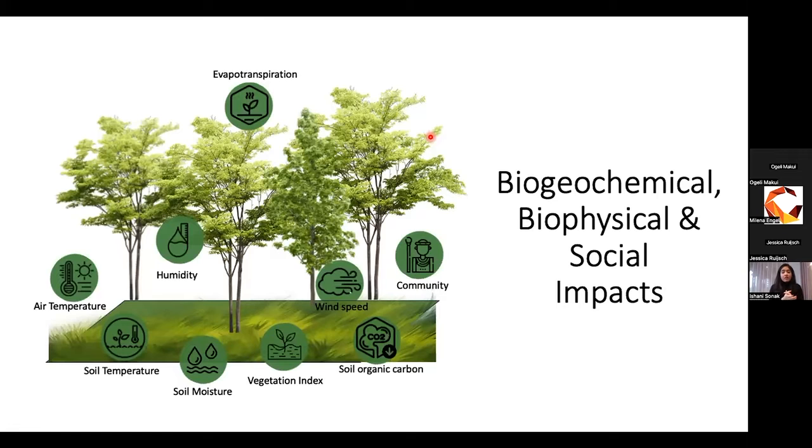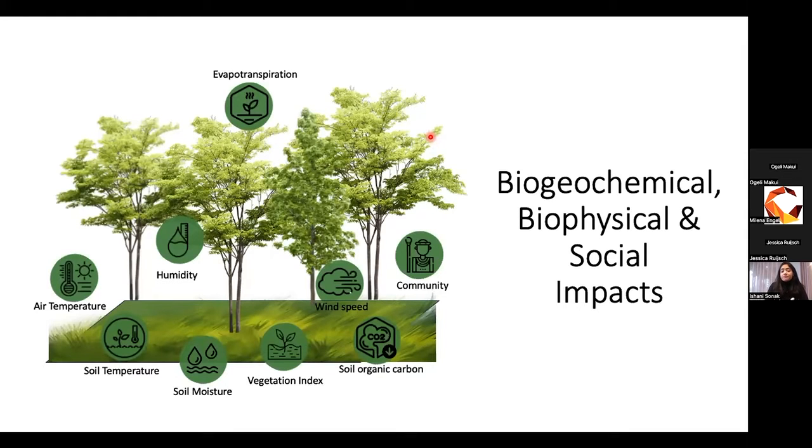There are biogeochemical impacts, such as an increase in vegetation cover and in soil organic carbon or soil organic matter, and biophysical effects such as an increase in soil moisture or evapotranspiration cooling, as she explained in detail, so I would skip the explanation. But it also has significant social impacts.